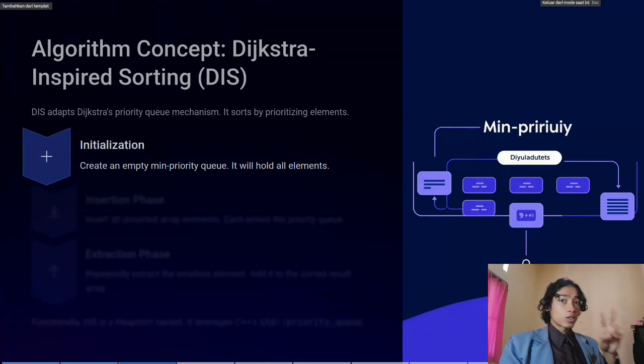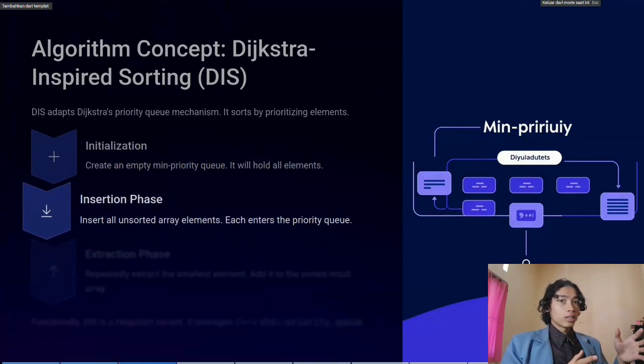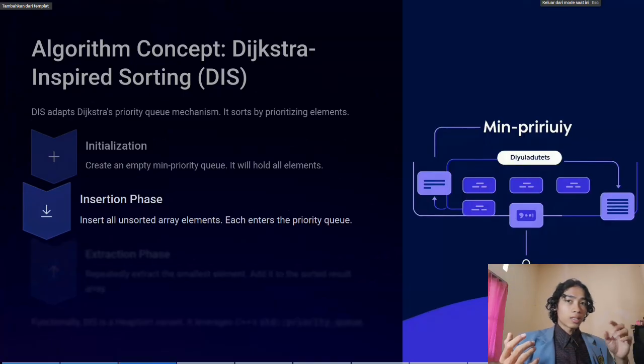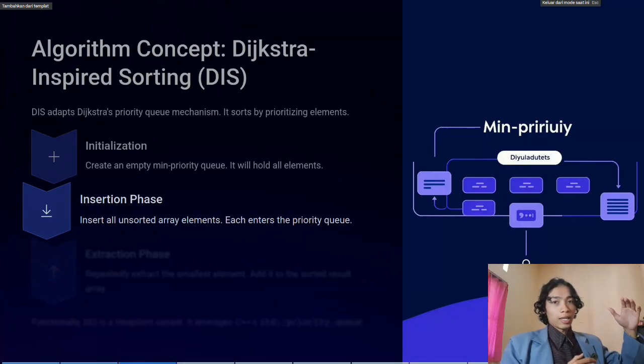The process has two main phases. First, we insert all the unsorted elements into the priority queue. Because it's a min priority queue, the element with the smallest value automatically gets the highest priority.